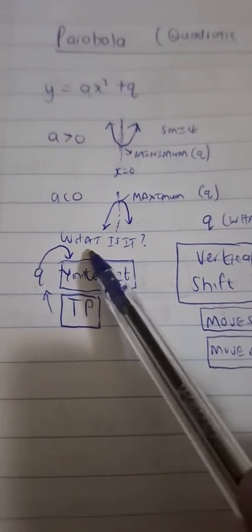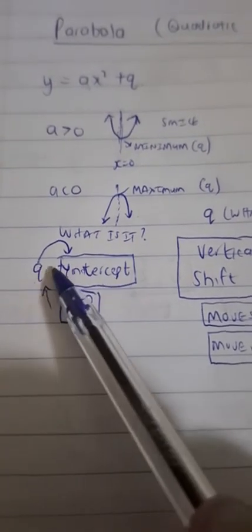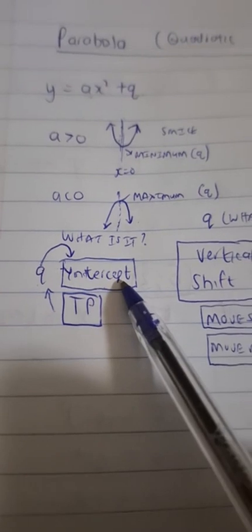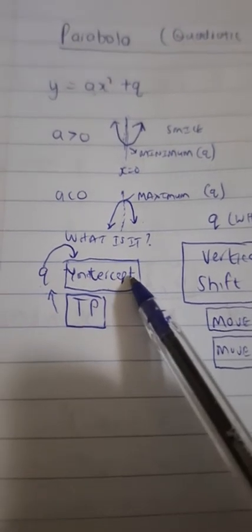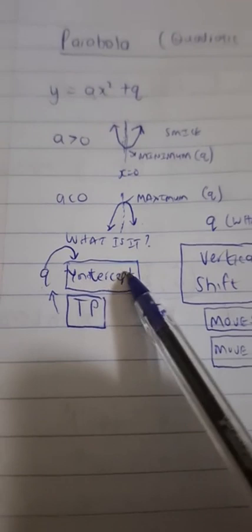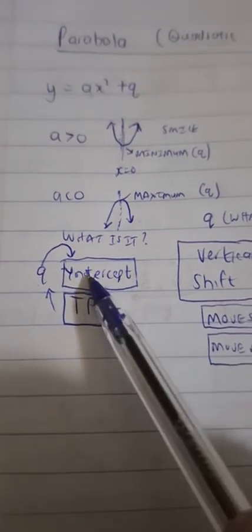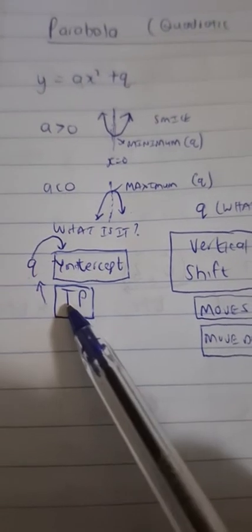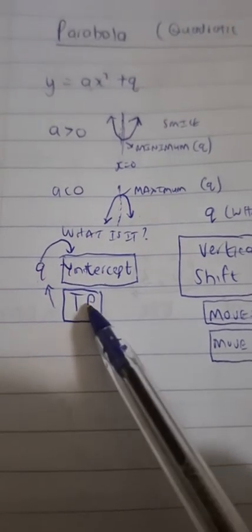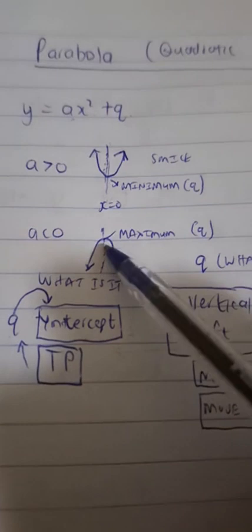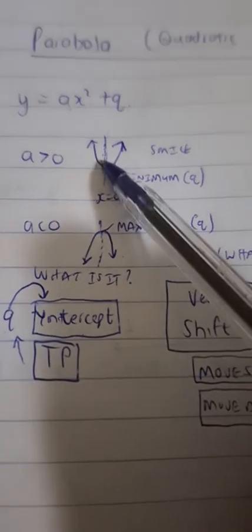This Q value tells us what? It is the y-intercept. In other words, it is the value that tells us where the graph cuts the y-axis. It is also, secondly, the turning point, TP, where the graph turns.